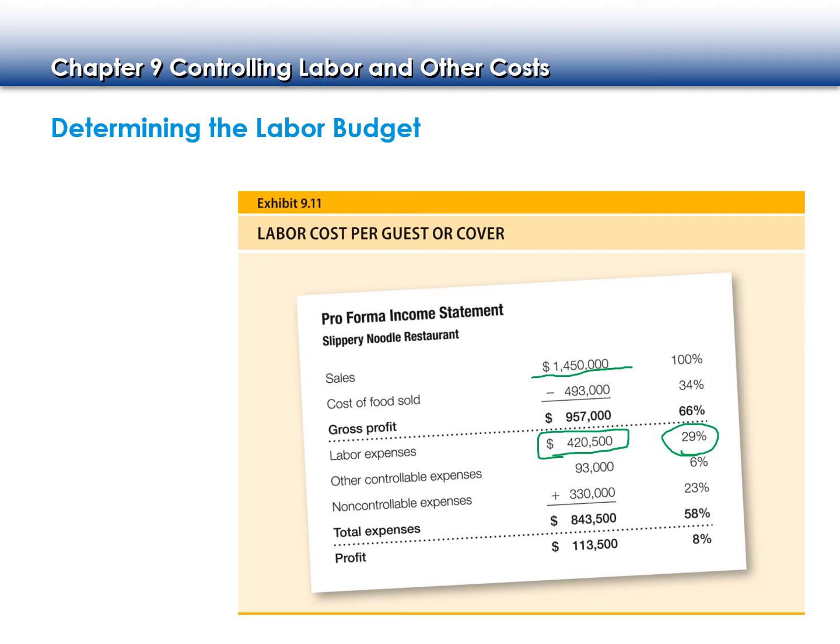Then we have to divide that budget by the months out of the year and the weeks out of the year. Of course, we would assume that spring break is going to be much busier than the first or second week in January. So our labor budget is going to be divided based on sales volumes and things that are happening within the city and the area that we're in.